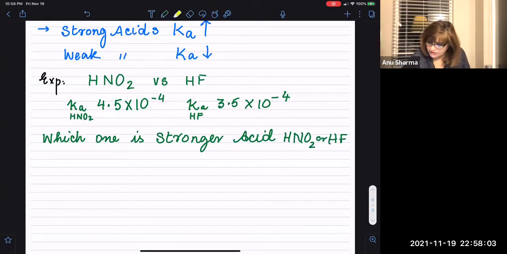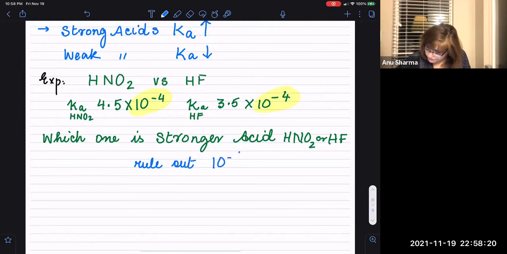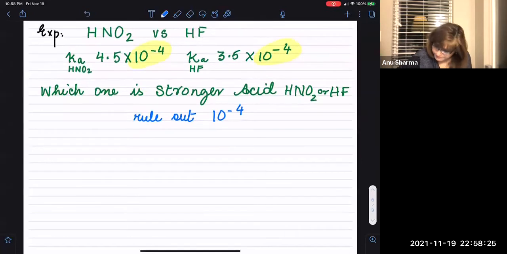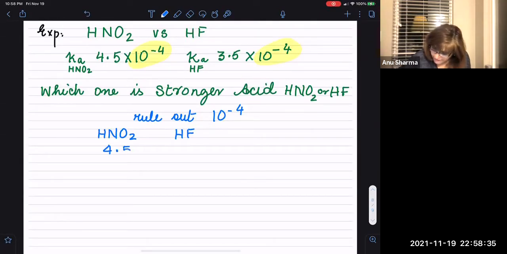So we look at it here. 10 to the power -4 and 10 to the power -4, same. You rule it out. Now what are you left with? HNO2 and HF. HNO2 is 4.5 and HF is 3.5.